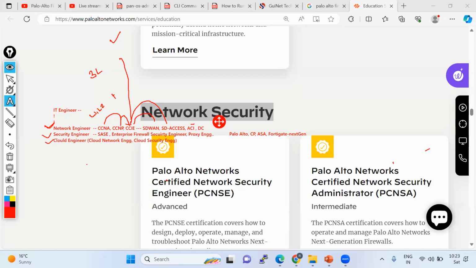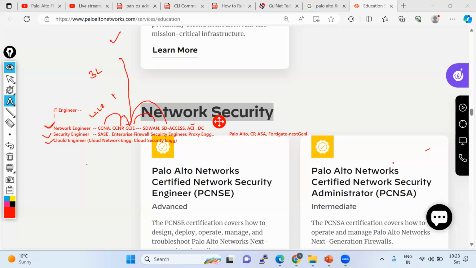Any attack should not happen in your network from outside to inside, and any data leak should not happen from inside to outside. I'm just giving overview examples of how this device is going to protect you, in layman's language.